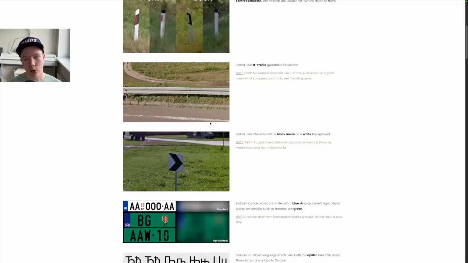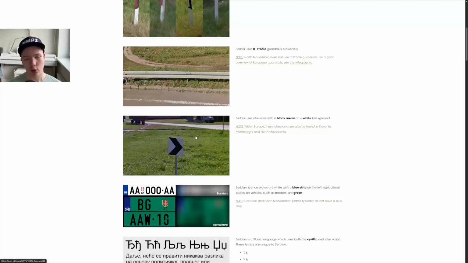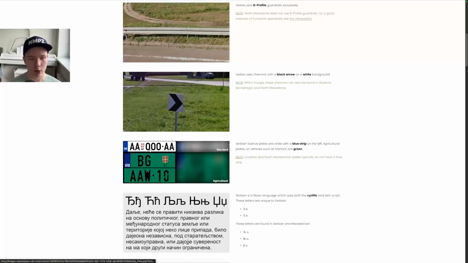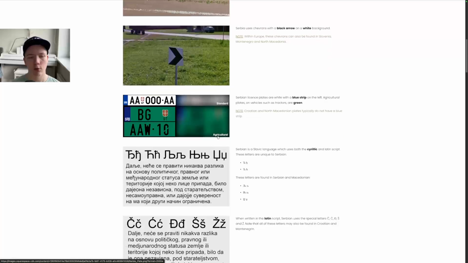B-profile guard rails, interesting chevron here. License plates, yeah, they look kind of green, and you don't really see them ever, but sometimes I guess so. And yeah, you will get the blue strip on the left, even though I'm pretty sure Serbia is not in the EU.